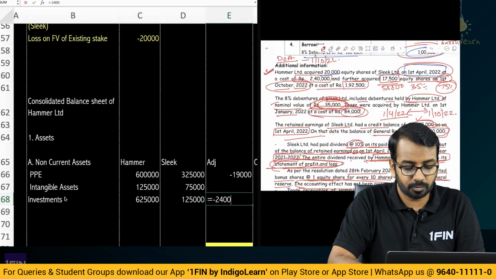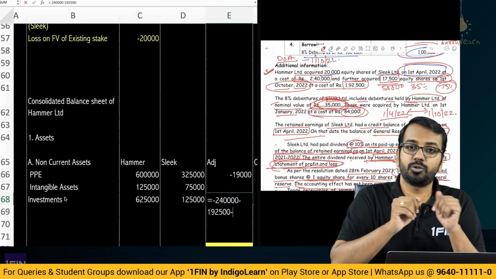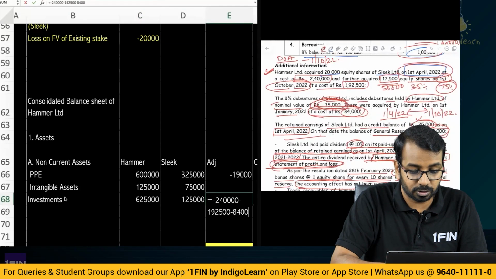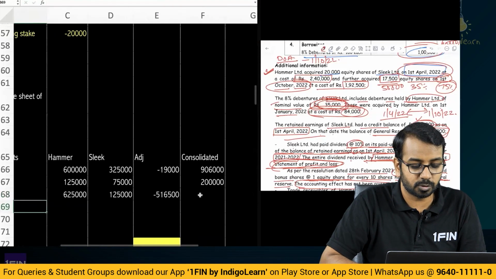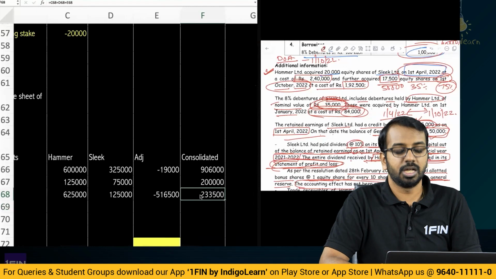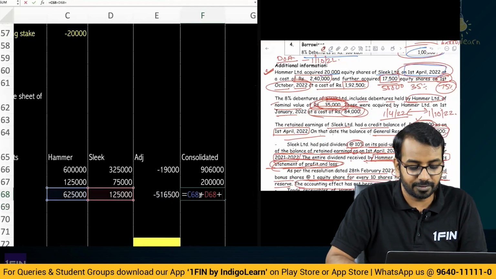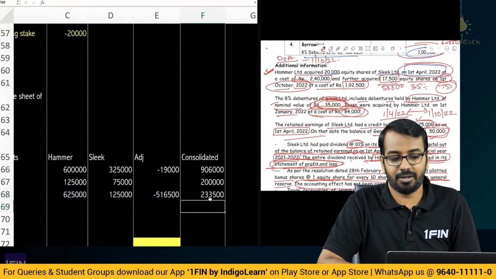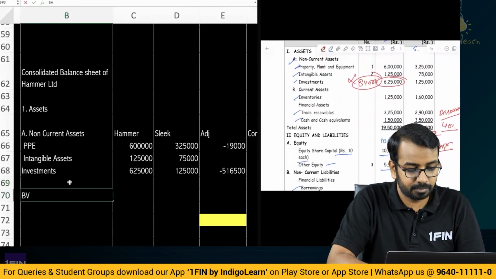Then there is an investment in debentures, which would also have been shown here, at a cost of 84,000. We have to make an adjustment here. So 5,16,500 is the total adjustment. The net amount that will be shown is 2,33,500, that is 625 plus 125 minus 5,16,500.